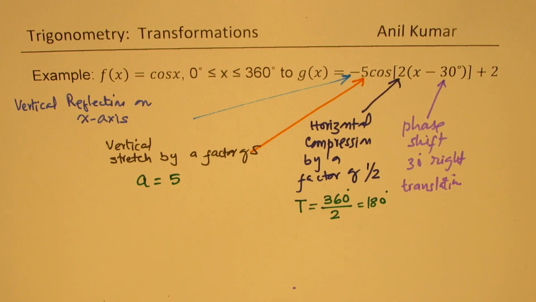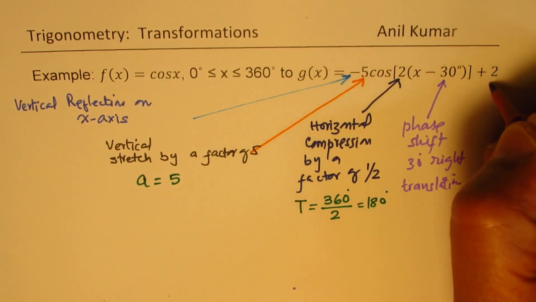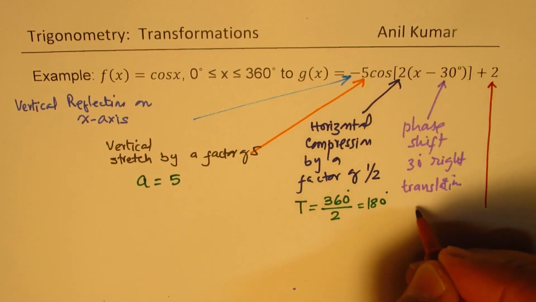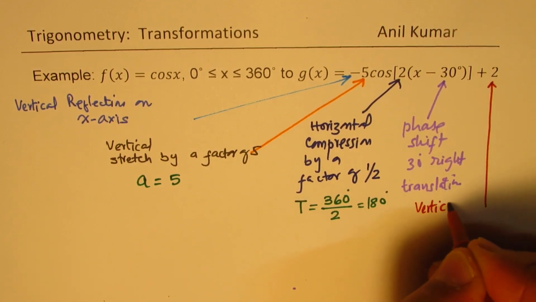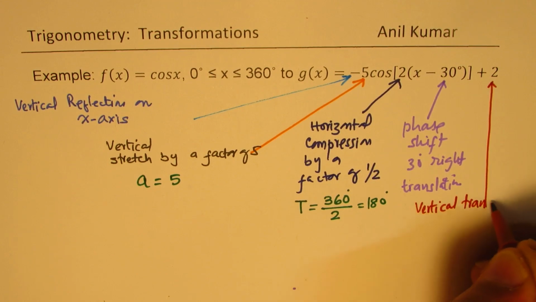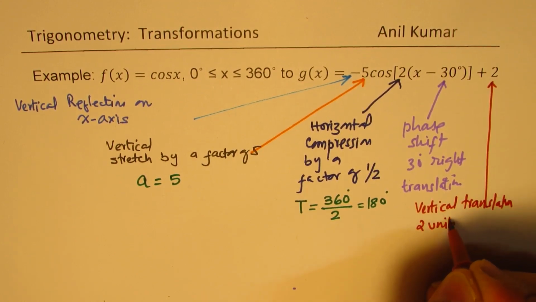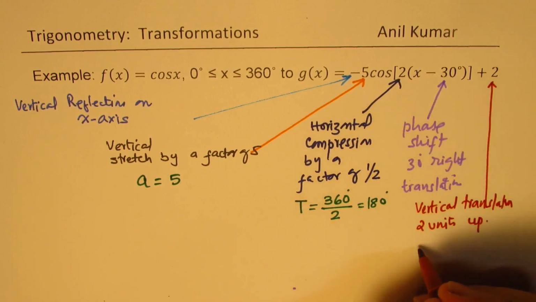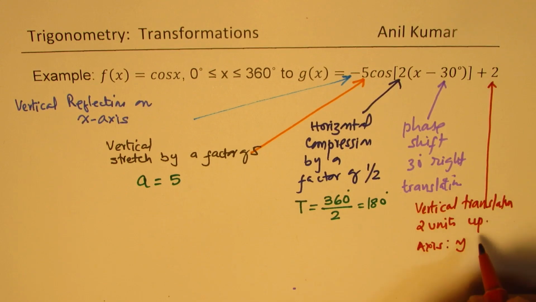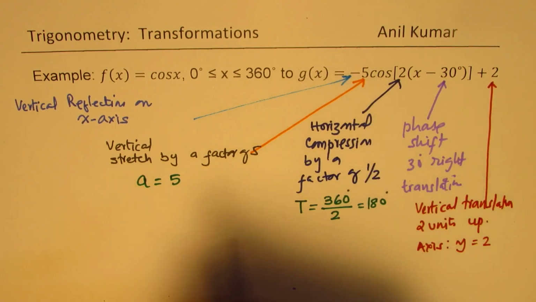And the last parameter represents a vertical translation of 2 units. That changes the axis. So the axis of the graph will now become y equals 2. Is that correct?